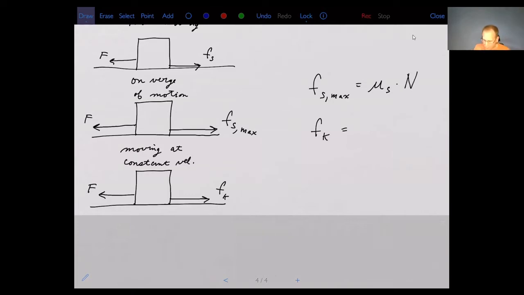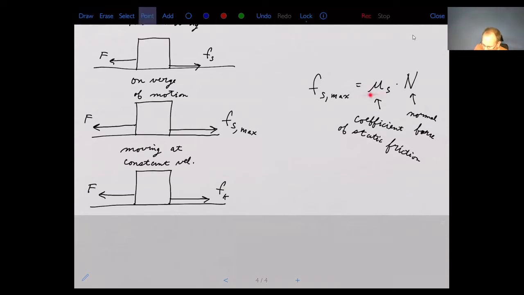So it's proportional to the normal force. So this mu s here is the coefficient of static friction. And the N here is the normal force.